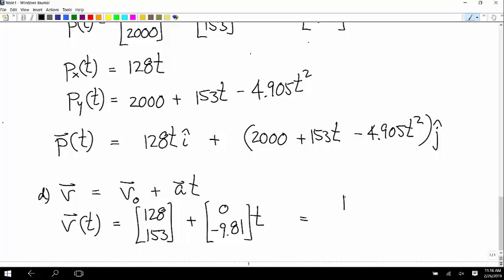And you can write that as 128 in the x direction, 153 minus 9.81t in the y direction, or rewrite it in i j form.